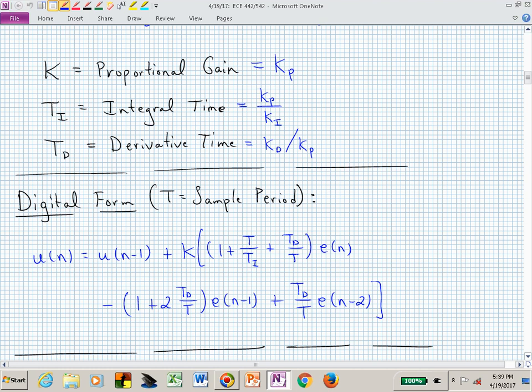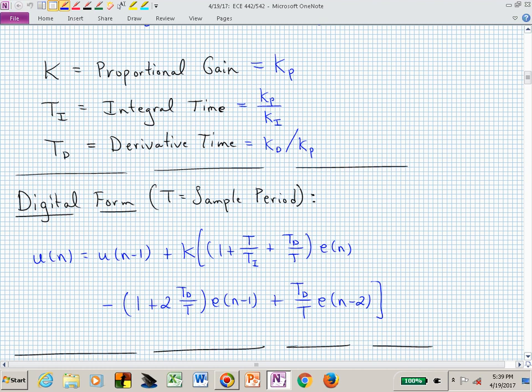There's our integral piece. That's the input one sample period delayed. Then we essentially have three terms involving our error signal. We have the error signal at the present time, e of n. We have our error signal one sample period in the past, e of n minus 1, and the error signal two time periods in the past, e of n minus 2.